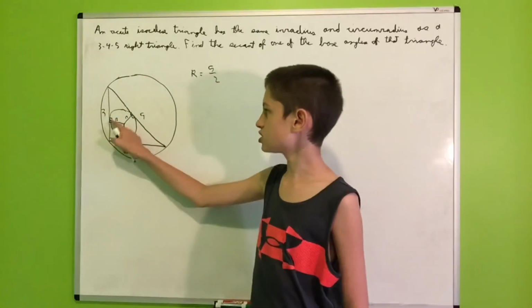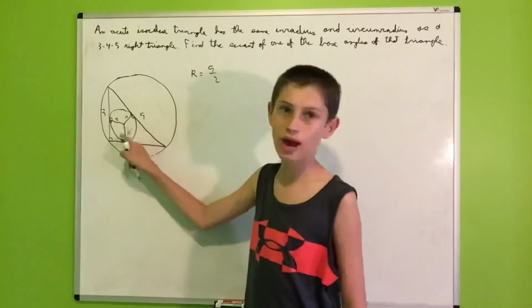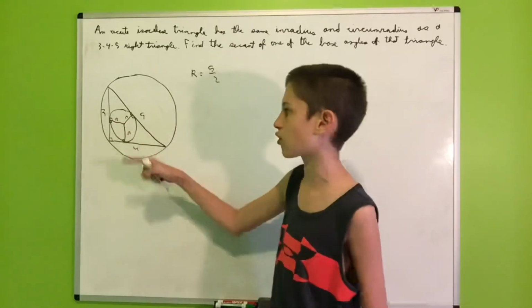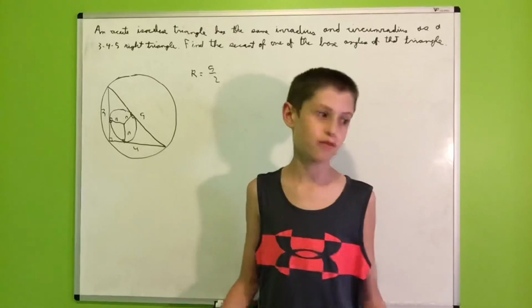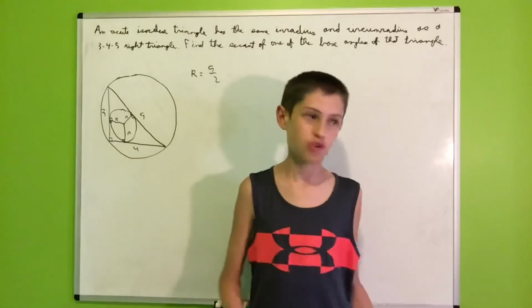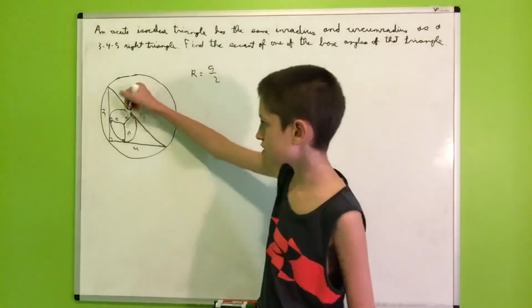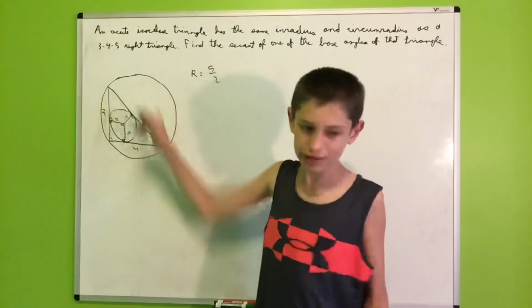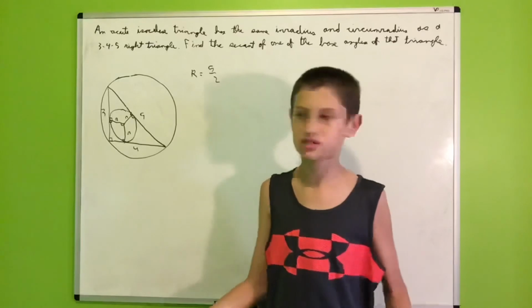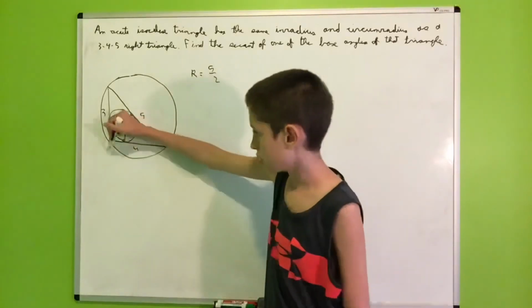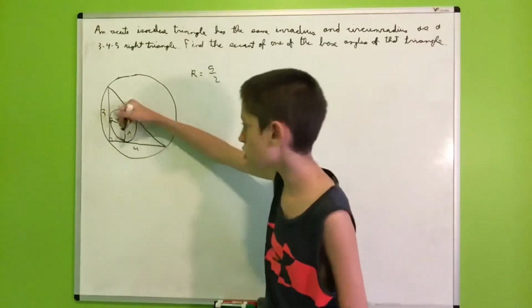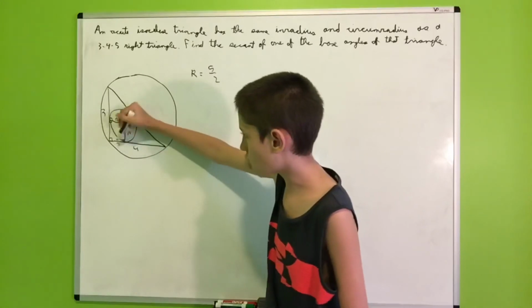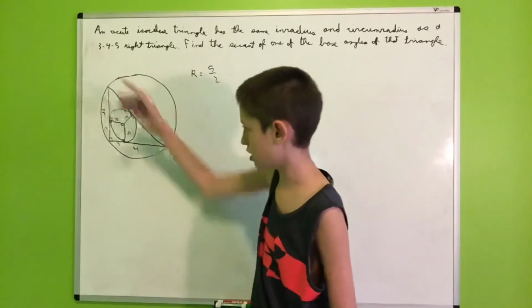And since right here we have three right angles in our quadrilateral, because the sum of the angles in a quadrilateral is 360 degrees, this will also be a right angle, meaning we have a rectangle, and since two adjacent sides are equal, it will be a square. Therefore, all the sides of that square will be equal. So this means this will also be r, and this will also be r.